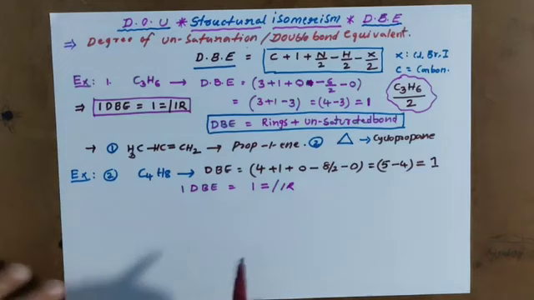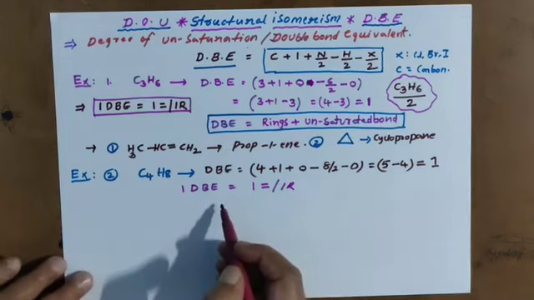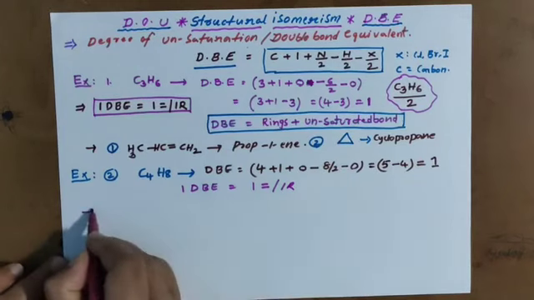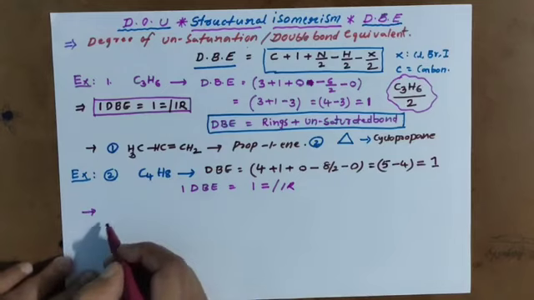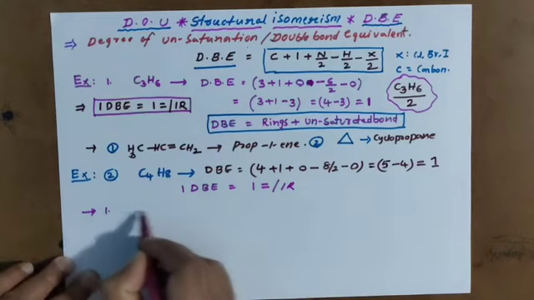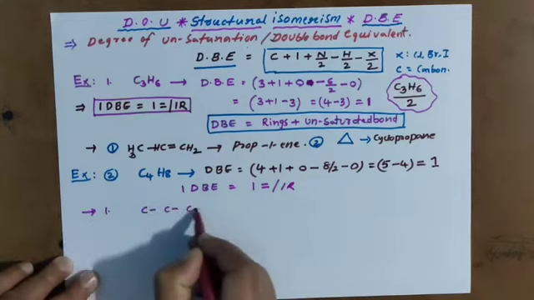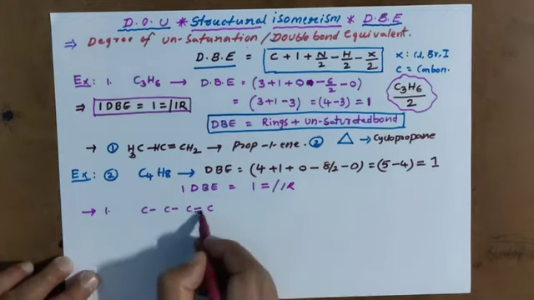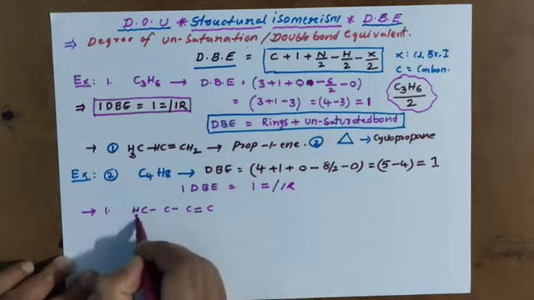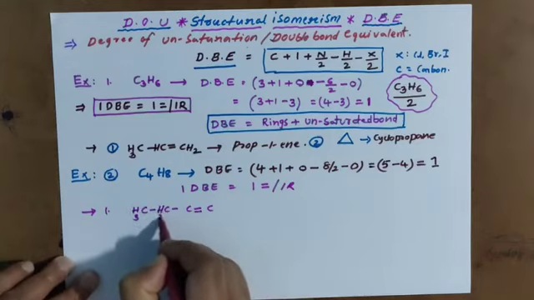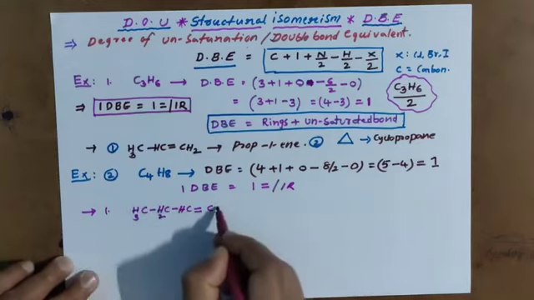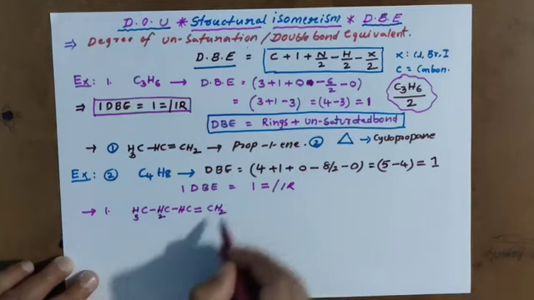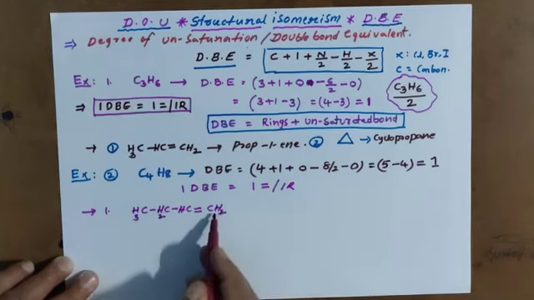Not total isomers. So 1 double bonded compound. I am taking now 4 carbons: 1, 2, 3, 4. So they gave 1 double bond. Put here 1 double bond. Now write all CH3, CH2, CH, CH2. So what is this? Butene.